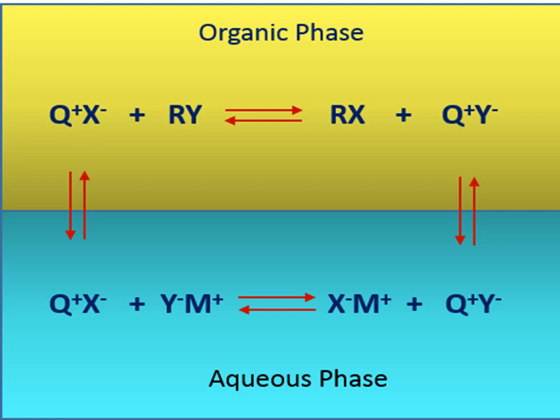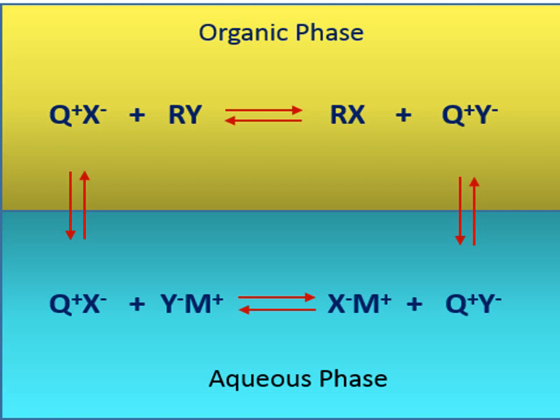It is going to react with MY, the ionic compound. Here Y- substitutes X-, so you get Q+ Y-, like how tetraalkyl ammonium cyanide is formed. Q+ is the tetraalkyl ammonium ion, Y- is the cyanide ion. This Q+ Y- can move to the organic phase.